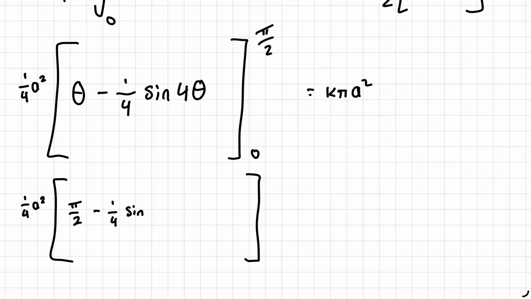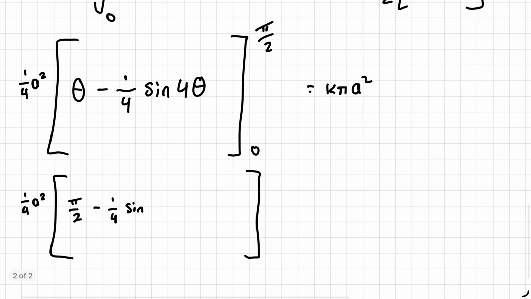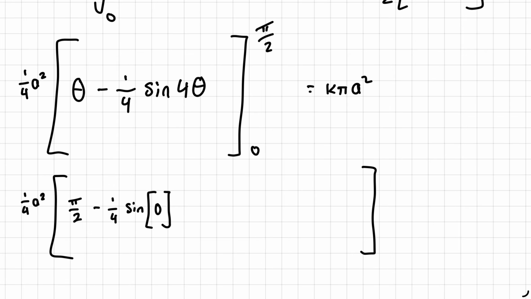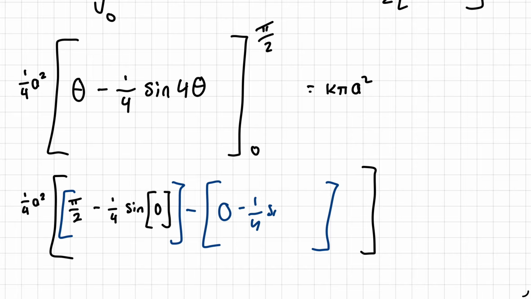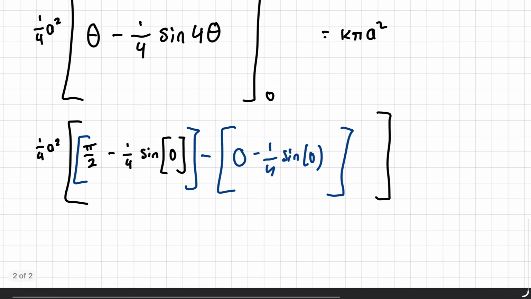And then sine, I must make sure the calculator is in radians, mine's in degrees. So let me just change that. So sine of 2 pi is 0. So that makes it a little bit easier for us. So that's our upper limit. And we're going to take away the lower limit. Well, put in 0 to theta minus a quarter sine 4 times 0 is 0. So that's a 0, which is nice.